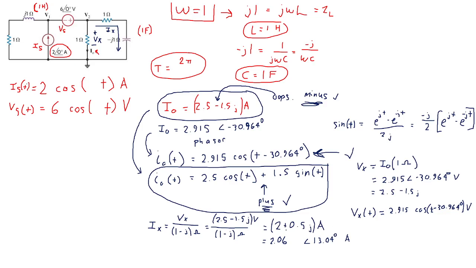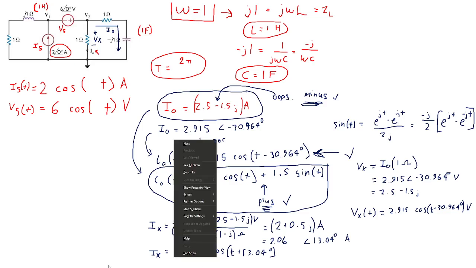So using this phasor form, our Ix is then equal to 2.06 cosine of, again, I'm still letting omega be 1. Otherwise, there'd be whatever omega is right there. And so this is going to be t plus 13.04 degrees.